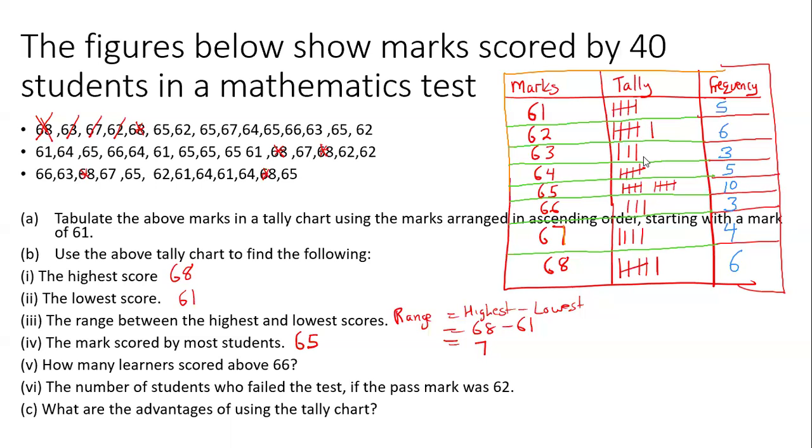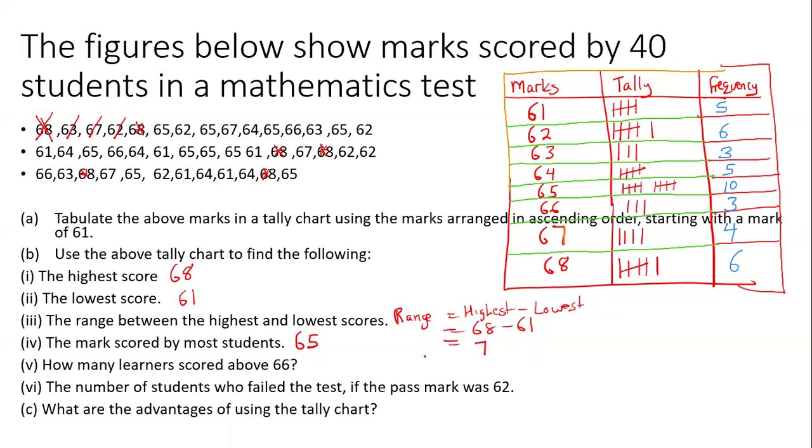Mel is not unmuting. Pax? 12. How did you get 12, Pax? Tell us. Teacher, I just added the number of students who got above 66. So which students are those who got above 66?